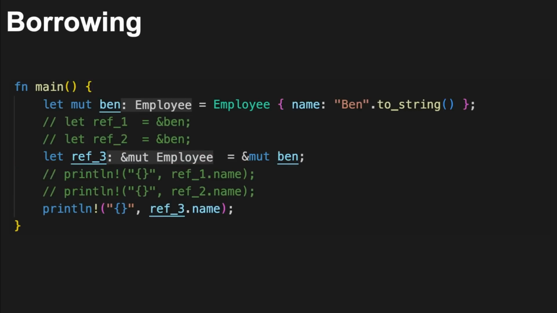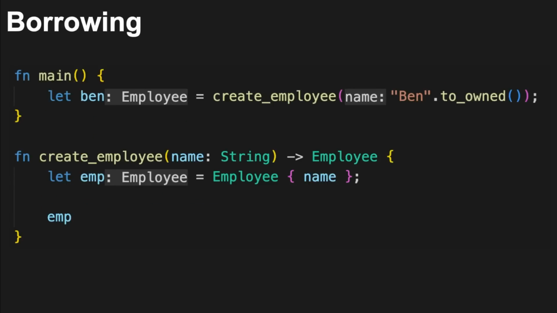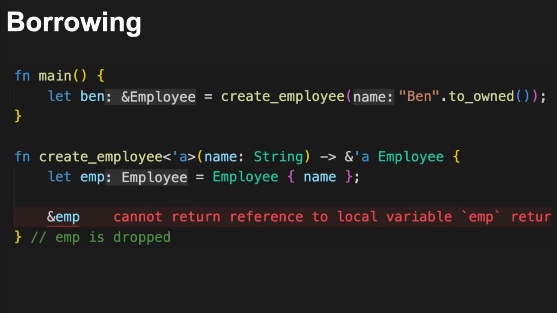Let's take a look at another example. This time we have a function called createEmployee, which takes a name and returns an employee instance. Currently, the function returns an owned type. Let's change it to return a reference instead. This results in a compile time error. The error states that we cannot return a reference to a local variable.